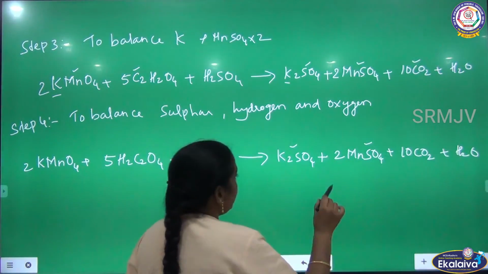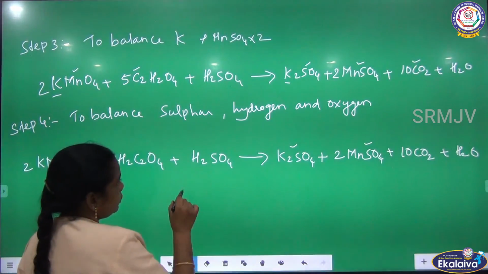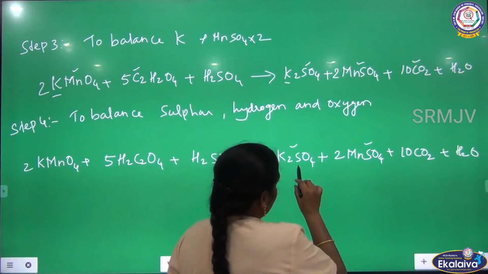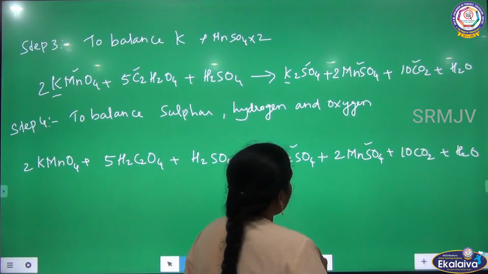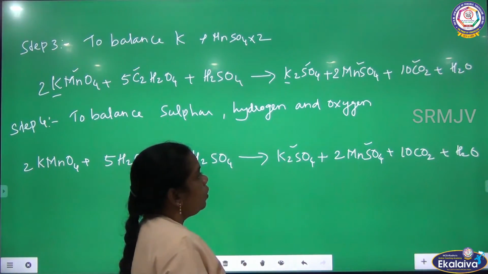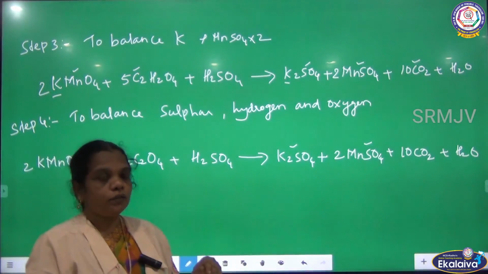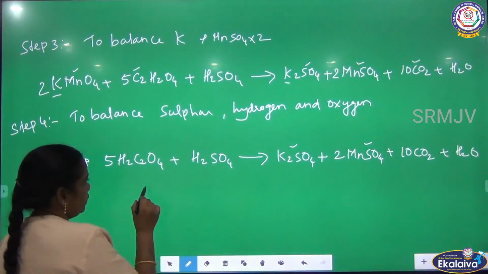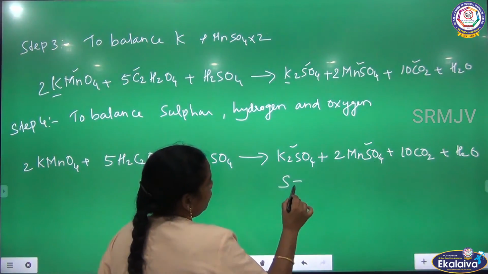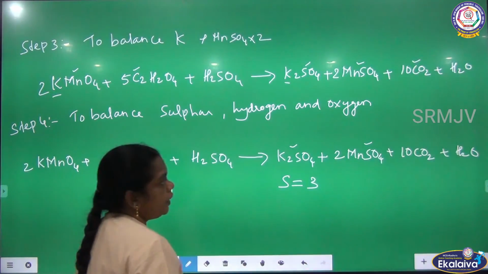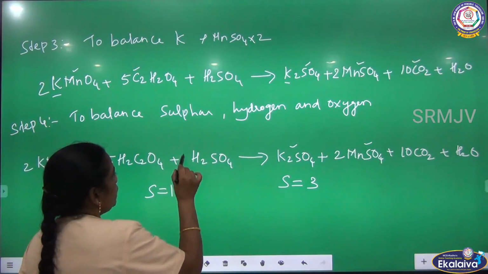So now you count the sulfur present in this compound. So now here how many sulfur? 1 plus 3 is 3 sulfur atoms, and here only 1 sulfur. So now you want to multiply this by 3.